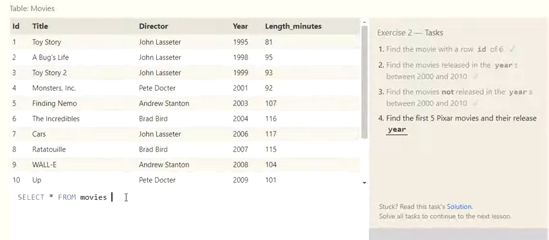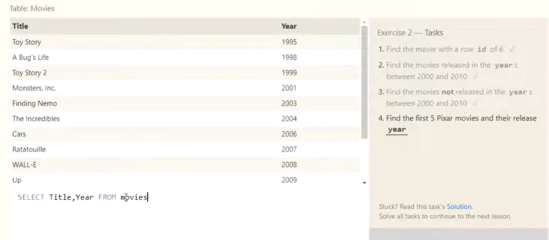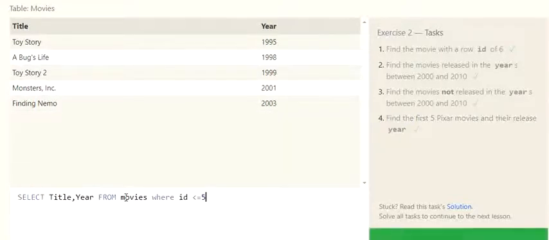Okay, so we will be using select title, comma, year, where ID is less than or equal to 5.